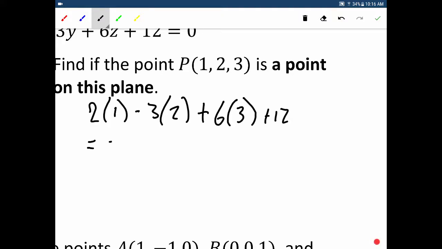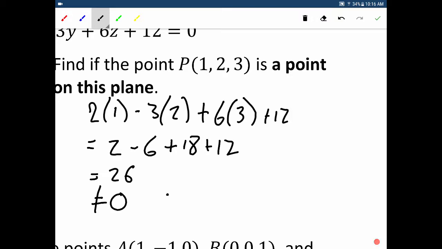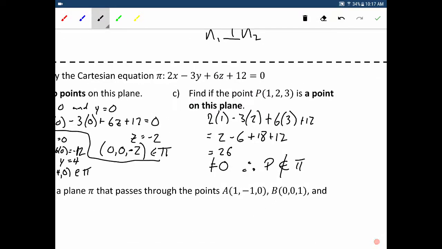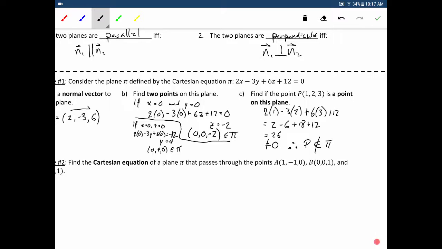Okay, so that's going to be 2 minus 6 plus 18 plus 12. Let's see. So that's going to equal 26. Okay, and that's not good enough. That does not equal 0. Therefore, we can say the point P is not an element of pi. Okay. See, in math, we're just trying to stop writing words and use as many symbols as possible because we're the laziest people in the world.